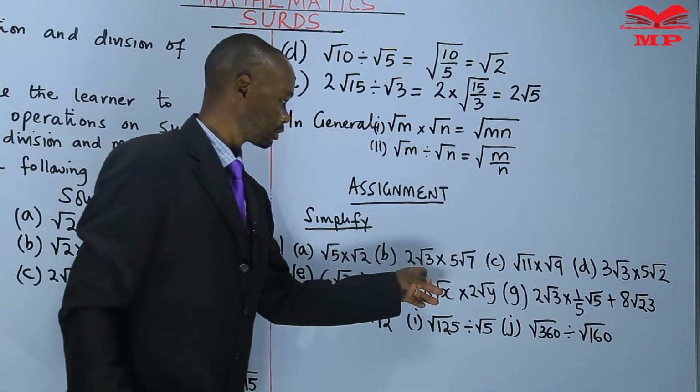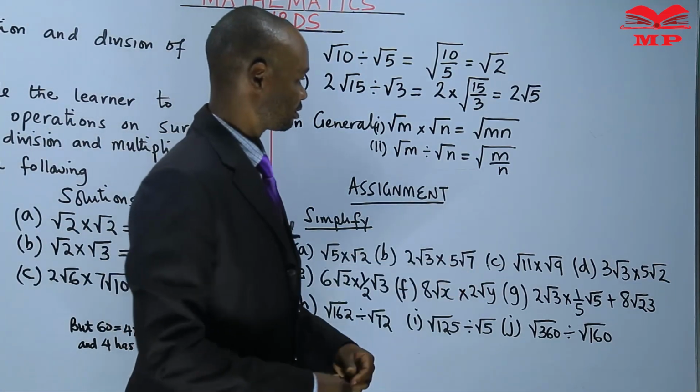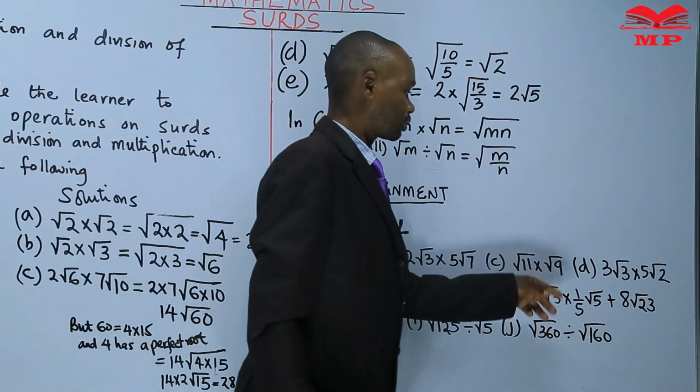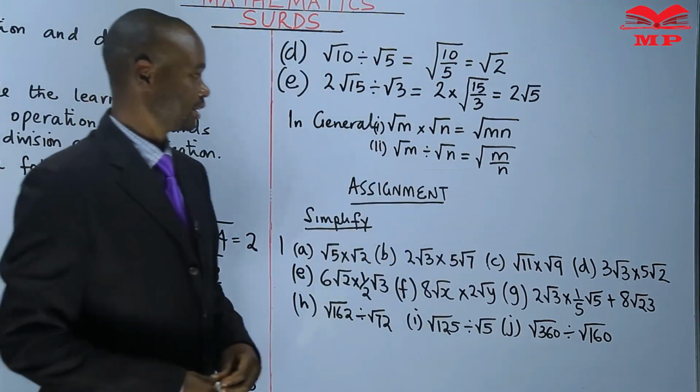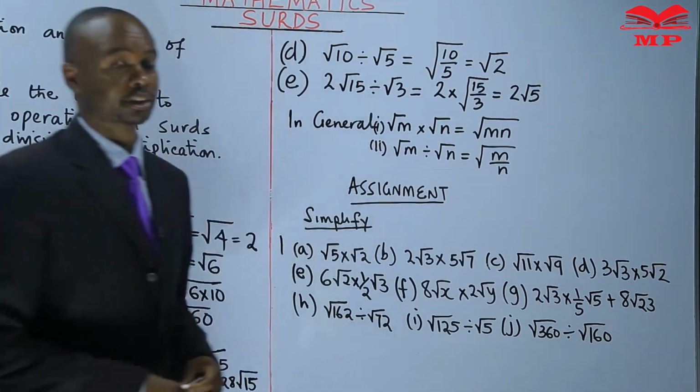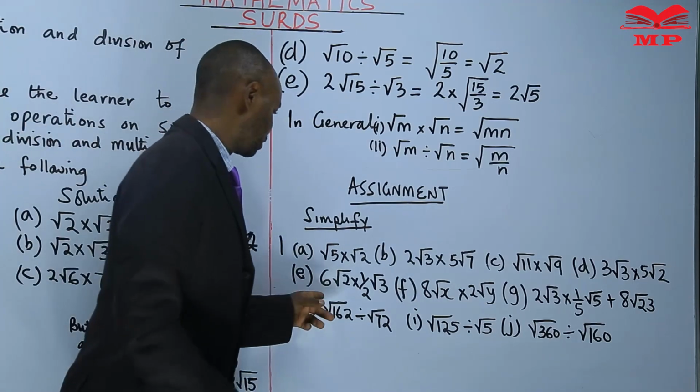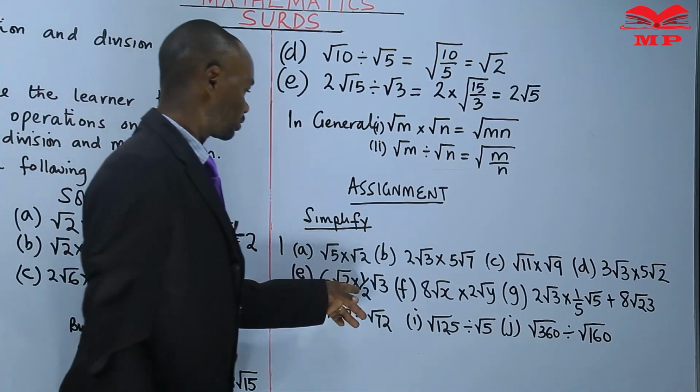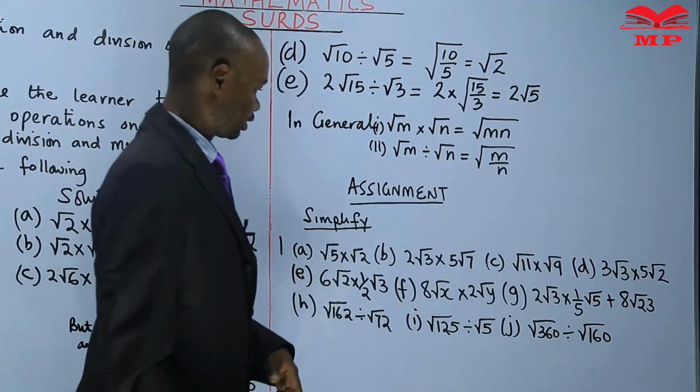B, 2 square root of 3 times 5 square root of 7. C, square root of 11 times square root of 9. D, 3 square root of 3 times 5 square root of 2. E, 6 square root of 2 times a half square root of 3.